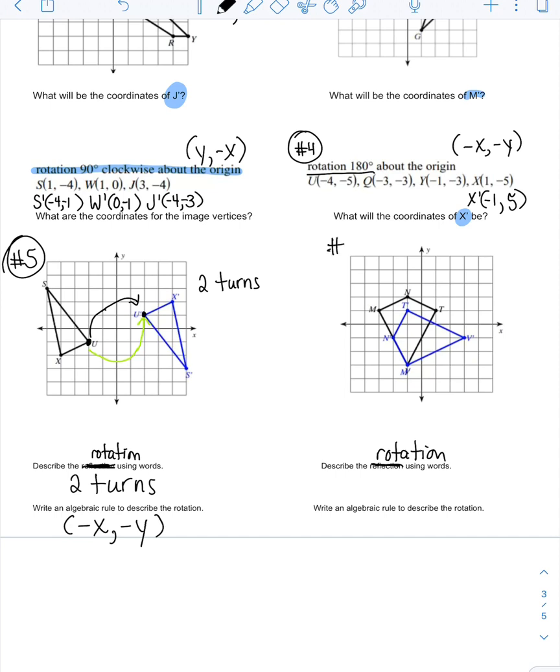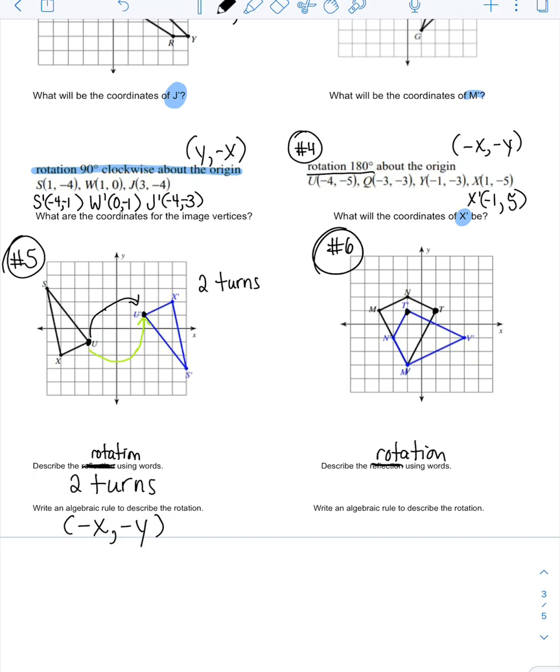And now let's look at number 6. In your notes, you can sketch the problems or the graphs, but the most important thing is that you put that it's 2 turns and then the rule. So now let's look at 6. I'm going to pick, let's say t and t prime.